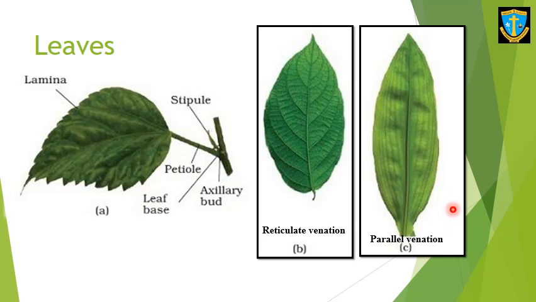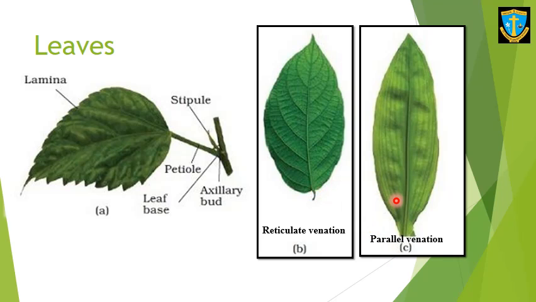Now, did you know that if you observe the leaf, you can tell what the root of the plant is without just pulling it out? Yes, you can do it. If it is a reticulate venation, it will be a taproot system. But if it is a parallel venation, it is a fibrous root system.